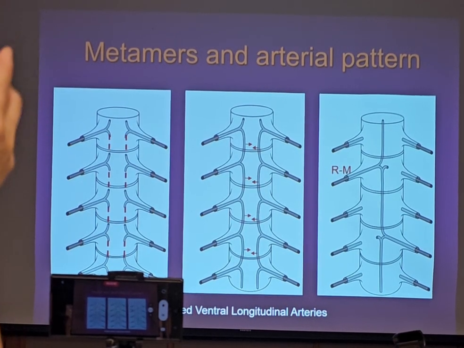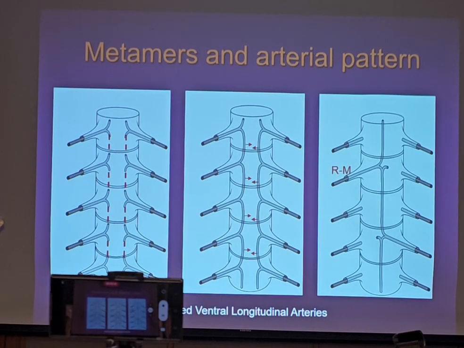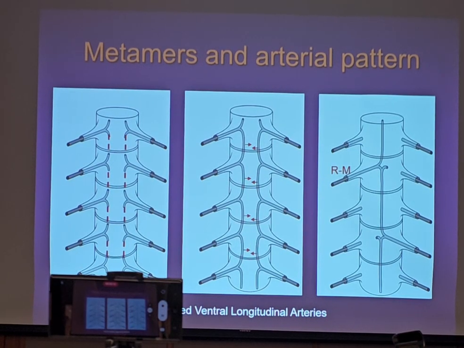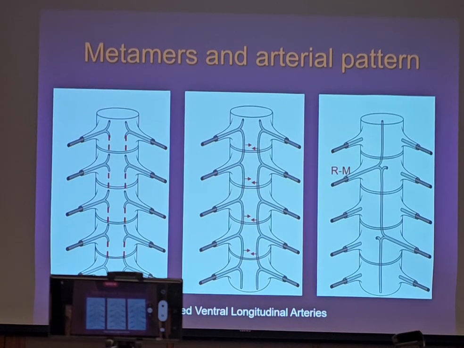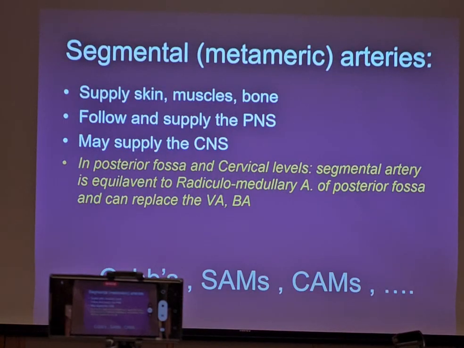The one that persists is probably the radiculomedullary artery, which is the concept of the metameric pattern. So you can see that there could be one dominant and one less dominant segmental artery that contributes to this important midline fusion artery.